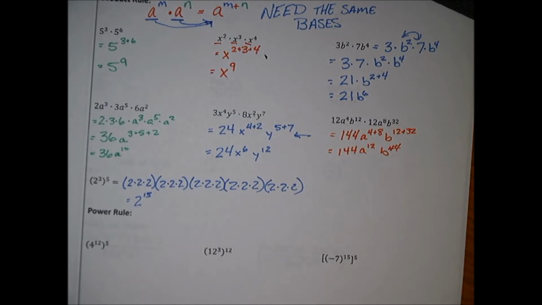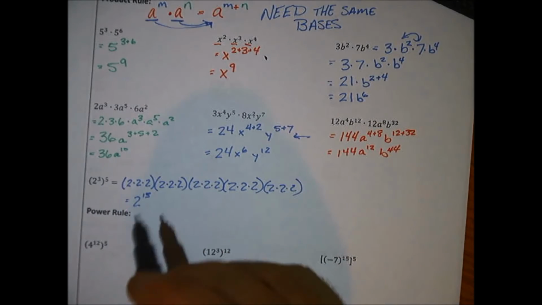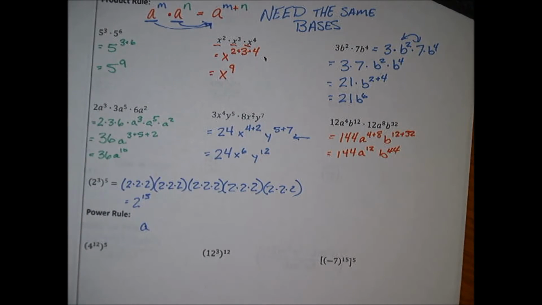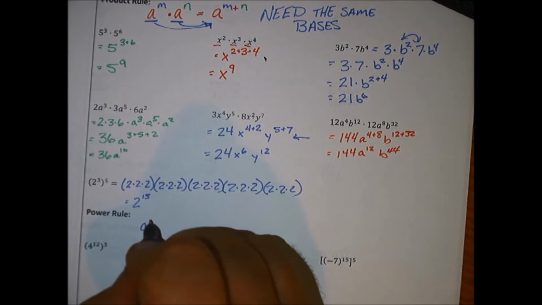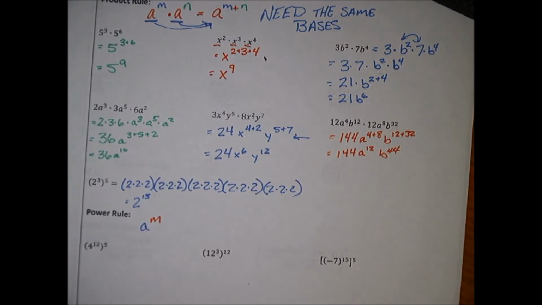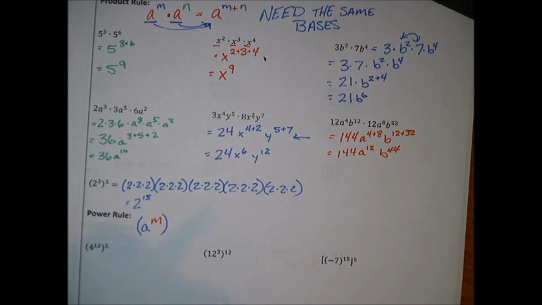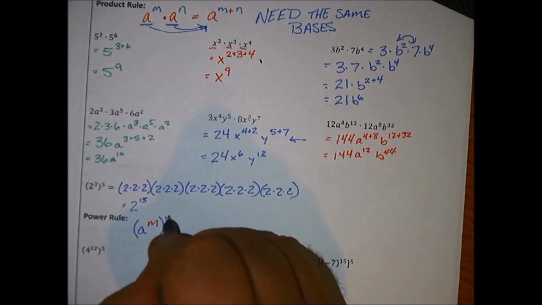So, another question. Why don't we just skip right there? Well, we can. That's what we're doing today. Power rule. If I have a to the m, and I'm going to raise that, the original problem raises that quantity to the n power.